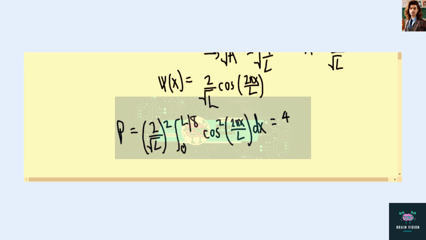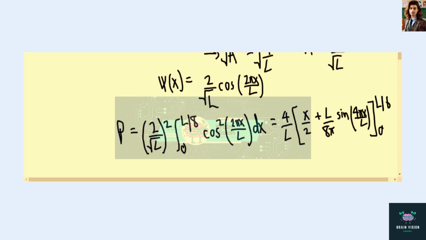And this gives us 4 over L times x over 2 plus L over 8 pi sine of 4 pi x over L evaluated from 0 and also at L over 8.